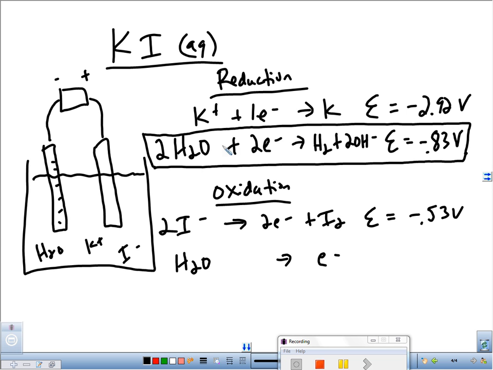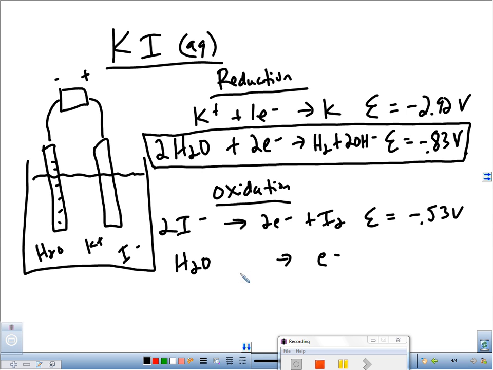You see that? If I flip this equation, the electrons are on the right, but so is my water molecule. I've got to have water losing electrons. Do you see another equation that's like that we can flip? Where there's water on one side and electrons on the other. Way at the top? Okay?